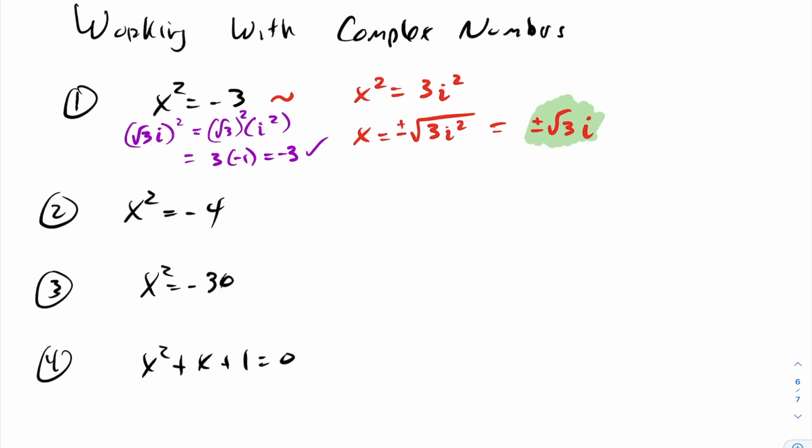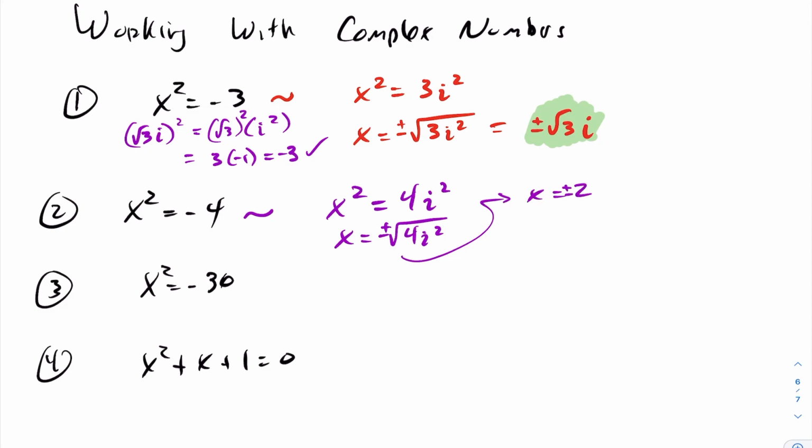If I'm looking to answer question 2, we can change that negative sign to a 4i squared. Then taking our square root, we get the square root of 4i squared. Again, that's plus or minus, which gives us x equaling plus or minus 2i.